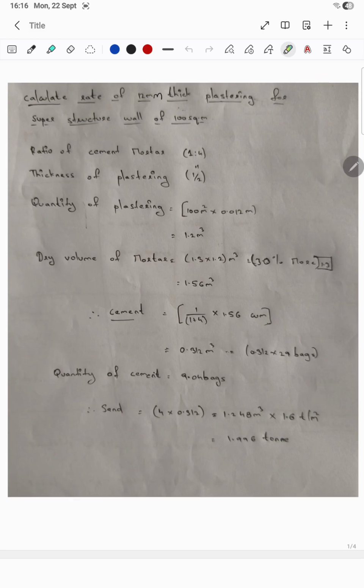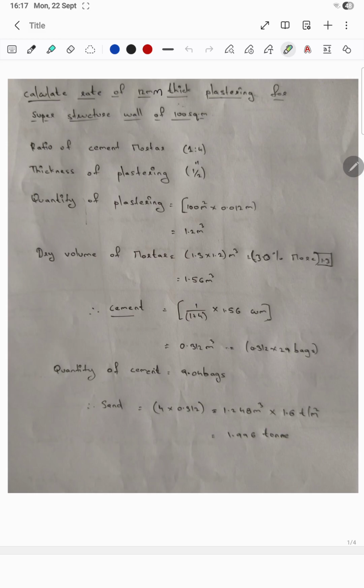The quantity of plastering is 100 meter square and the thickness is 0.012 meter, so the quantity of plastering is 1.2 meter cube. Now we have to calculate the dry volume of mortar.